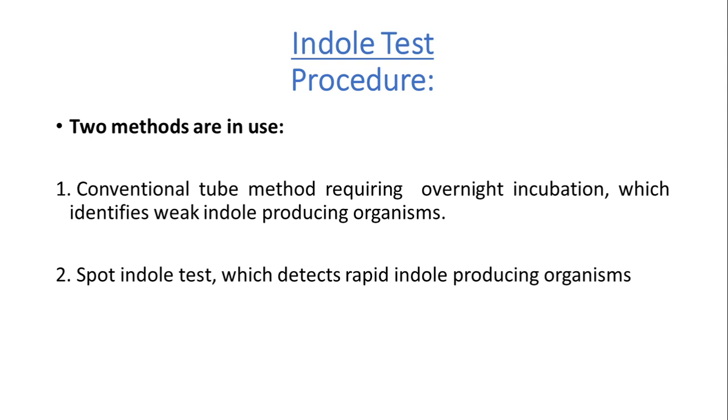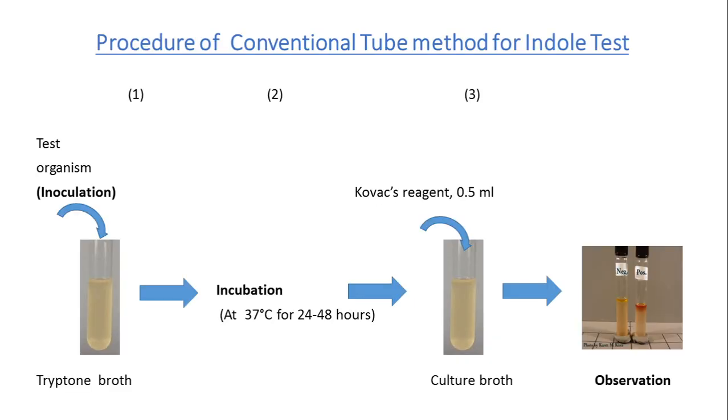So how to perform this method? There are two methods. One is the conventional tube method, for weak indole producing organisms, and the other is the spot indole test, which detects rapid indole producing organisms. In the conventional tube method, we require tryptophan broth that contains the amino acid tryptophan. We inoculate the test organism with the help of a sterile loop, and then incubate at 37 degrees centigrade for 24 to 48 hours.